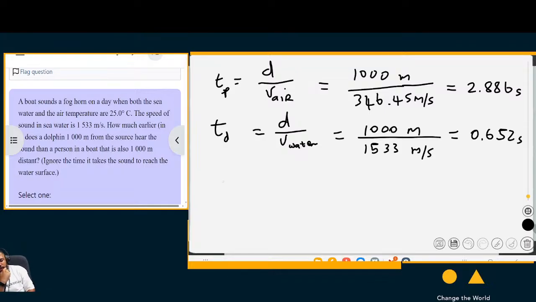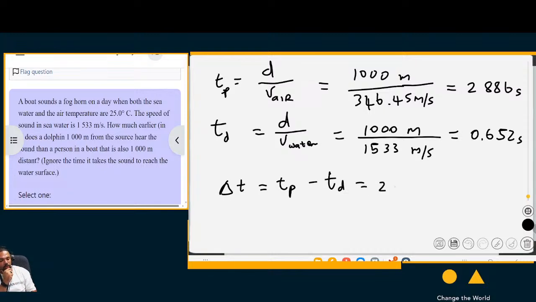Okay, now if we find the difference in time, delta t is equal to the time it took to reach the person, t_P, minus the time it takes to reach the dolphin. That will be how much faster it reached the dolphin.